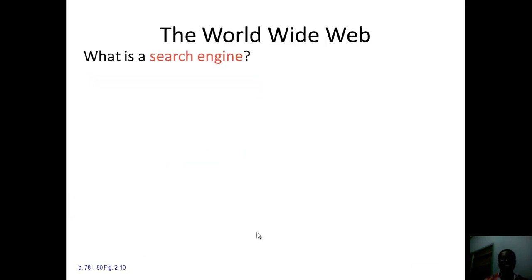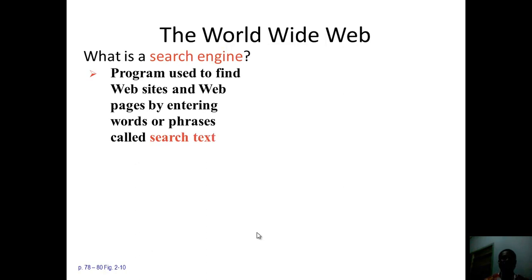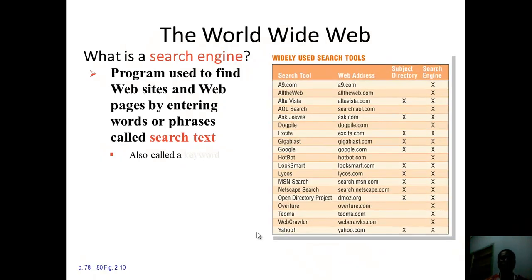A search engine is an application or a program normally found on a website that enables the user to search for a particular document or a site. We have several search tools that are used.